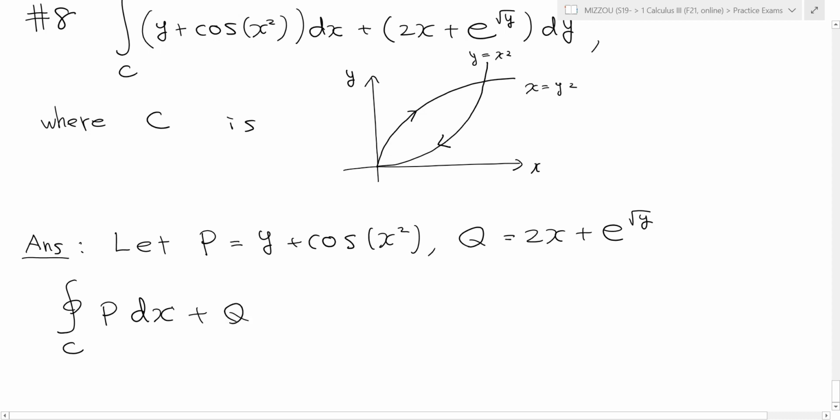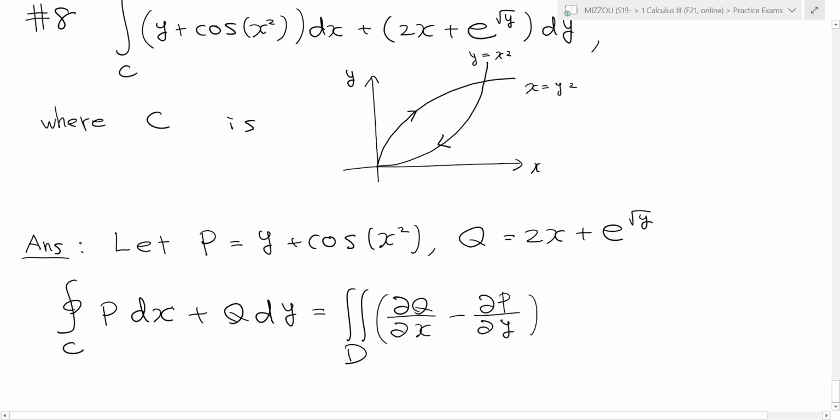Green's theorem says this double integral over D, and D is everything inside C, of partial Q partial x minus partial P partial y, dx dy, or dA.